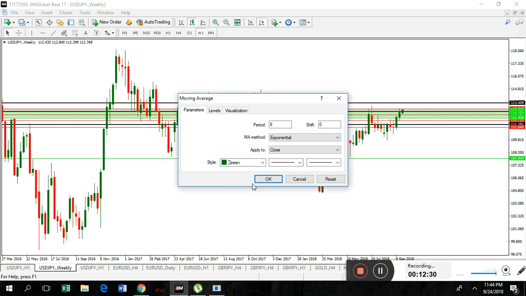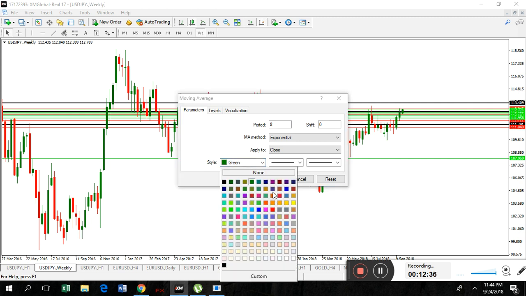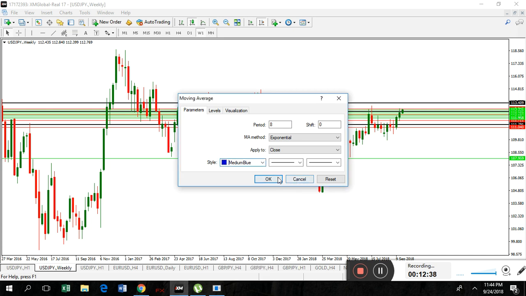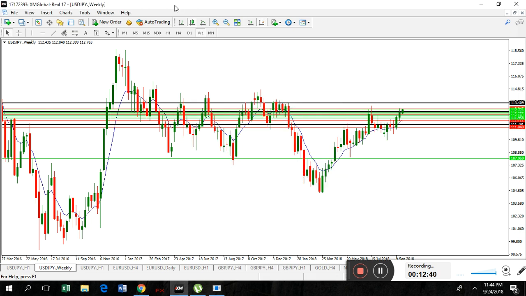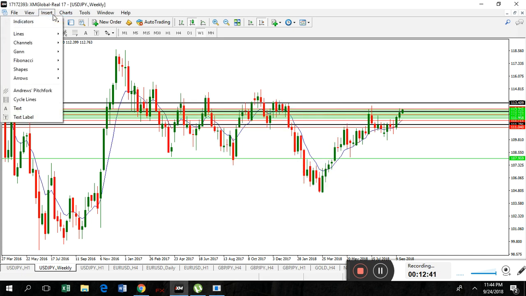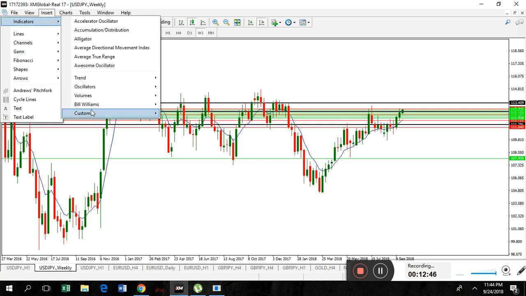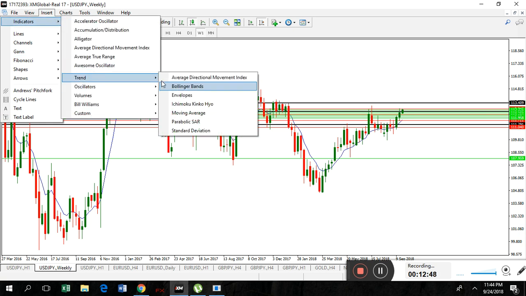Let's make it green, or rather let's make it blue. Then let's put the 21 SMA. That's a simple moving average indicator.